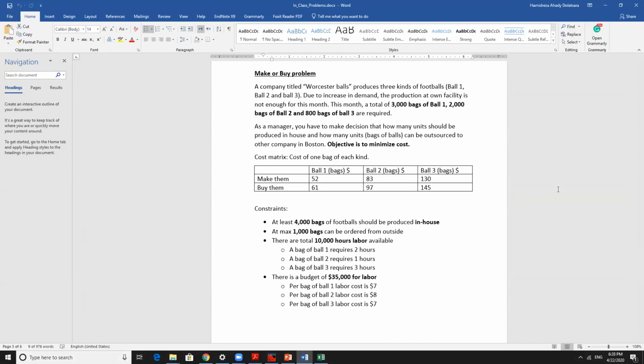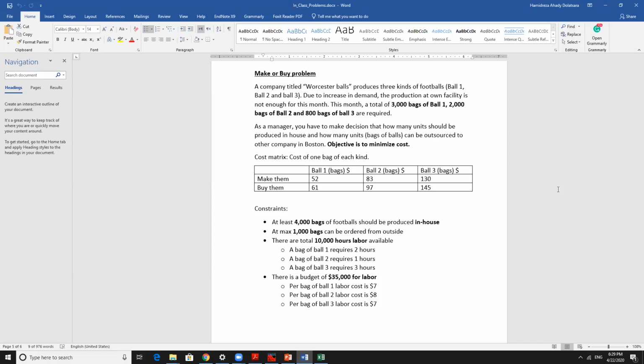Due to increase in demand, the production at its own facility is not enough for this month. This month, a total of 3,000 bags of ball 1, 2,000 bags of ball 2, and 8,000 bags of ball 3 are required. As a manager, you have to decide how many units should be produced in-house and how many bags of balls can be outsourced to another company in Boston. The objective is to minimize the cost.